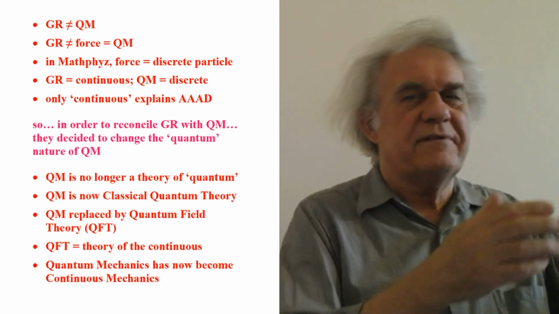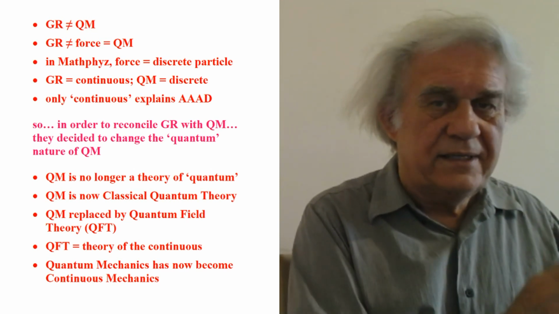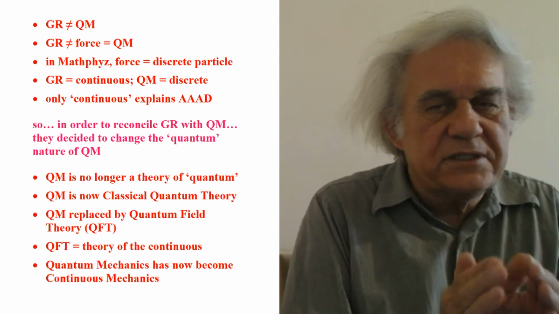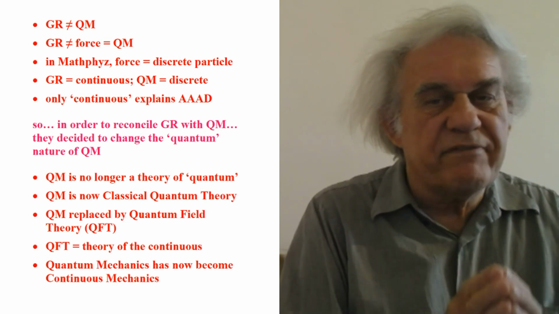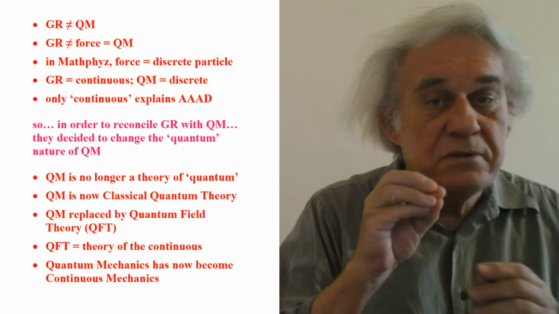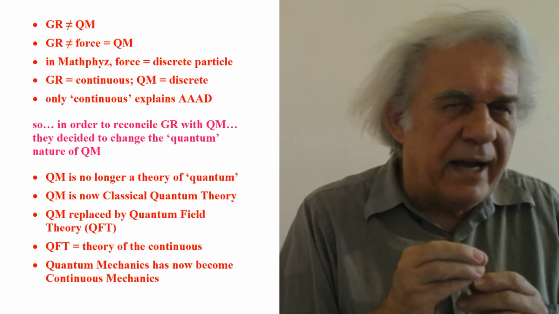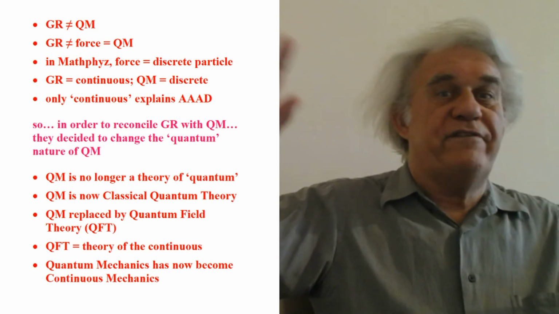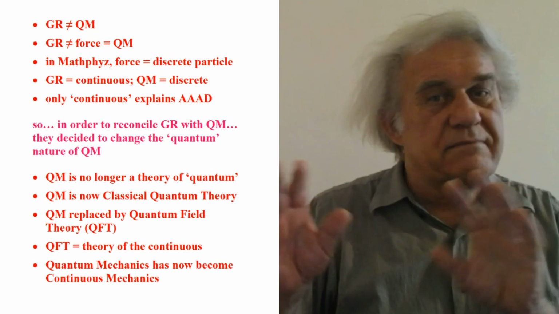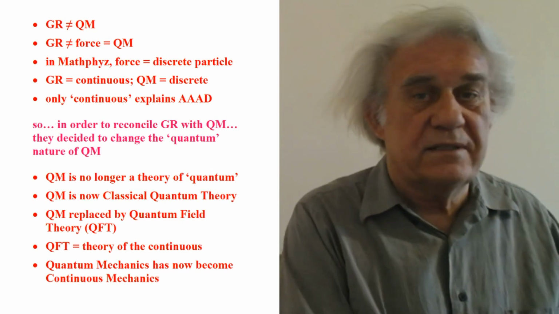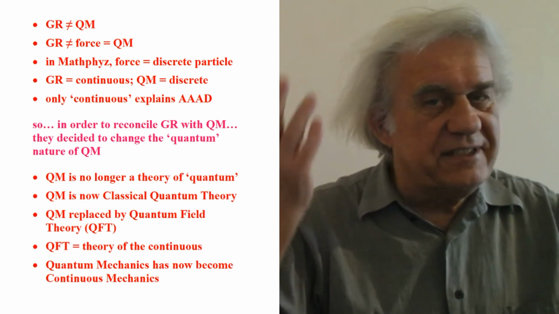So now we have general relativity with the word field, and now it turns out quantum has the word field, even though quantum is a discrete type of theory. And you need these little balls, these little discrete units, and somehow they're spreading them out and turning them into this field. And so now they can more or less try to reconcile quantum mechanics with general relativity. Now they're both field theory.